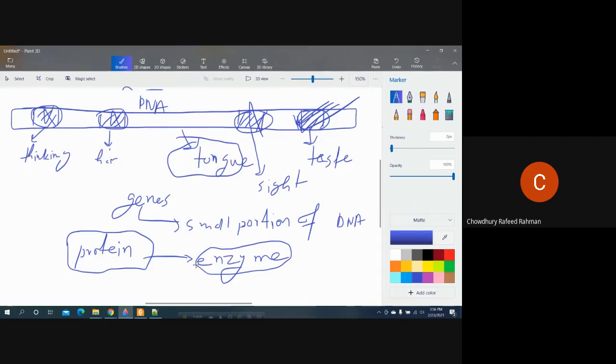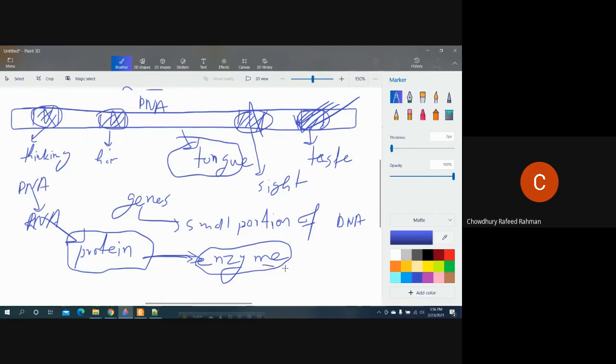So different enzymes are performing different tasks. So enzyme is responsible for our physical activities inside our body, our biological activities. And enzyme is made from protein. And protein is made from RNA. And RNA is made from DNA.